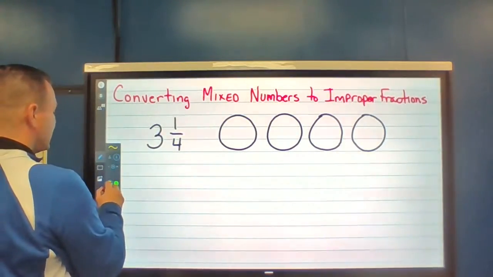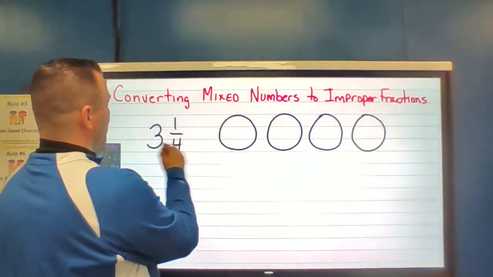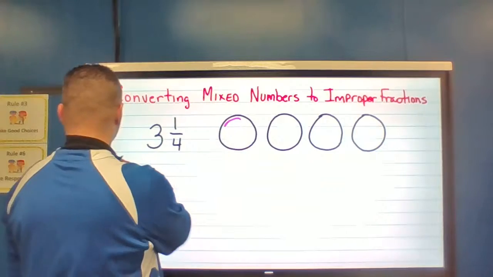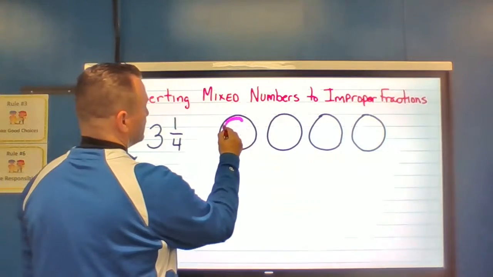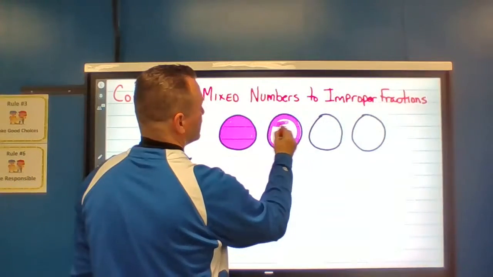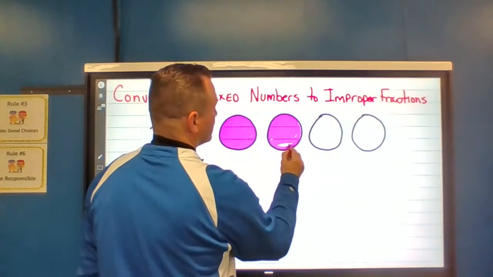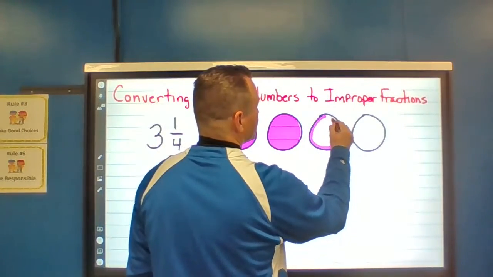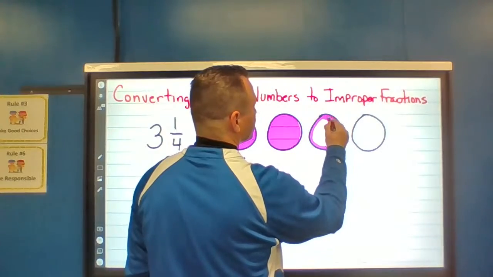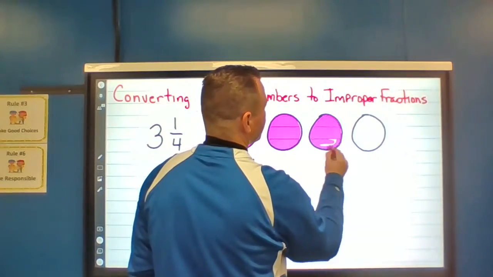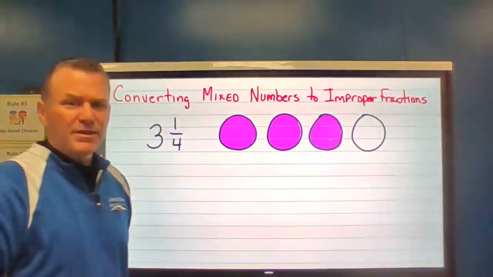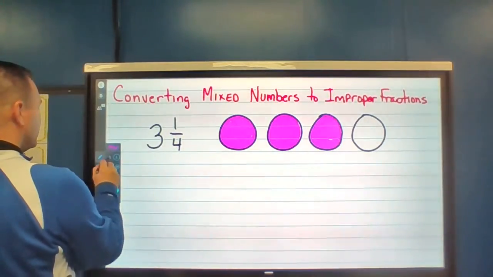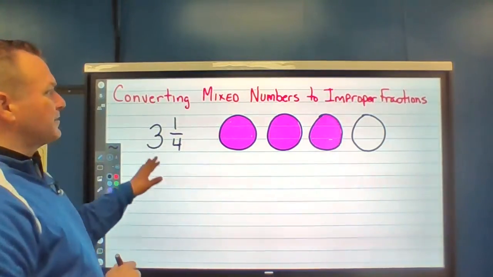We said that I have 3 whole pies. Two, three. So there's my 3 represented, okay? Now I'm not done with that, but there's my 3.